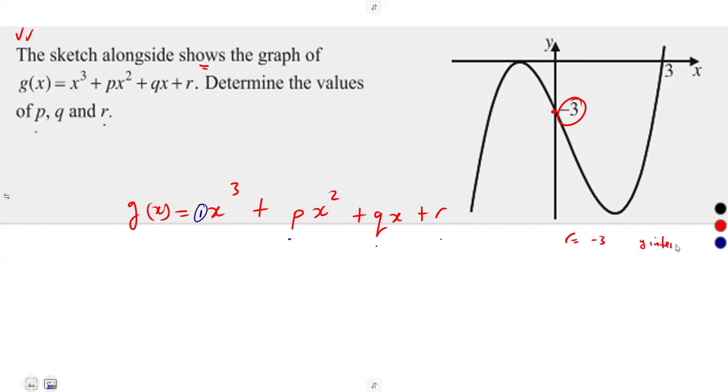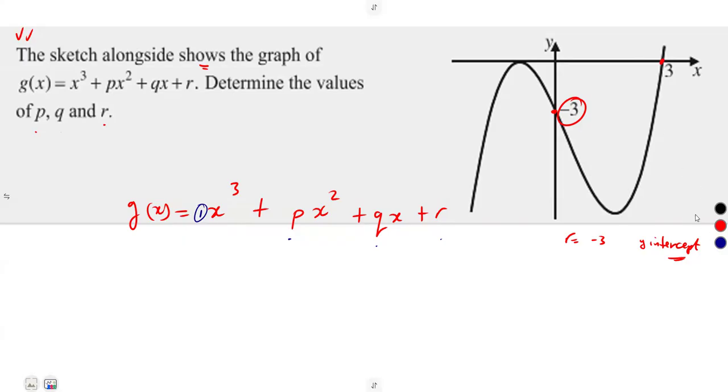That's the y-intercept, where x is equal to 0. But is this going to help us to find P and Q? We are limited from this. But let us see, there is this part, which is our x-intercept.